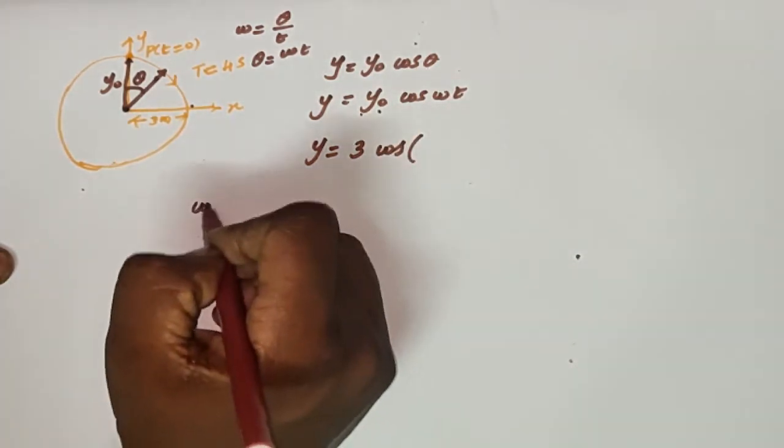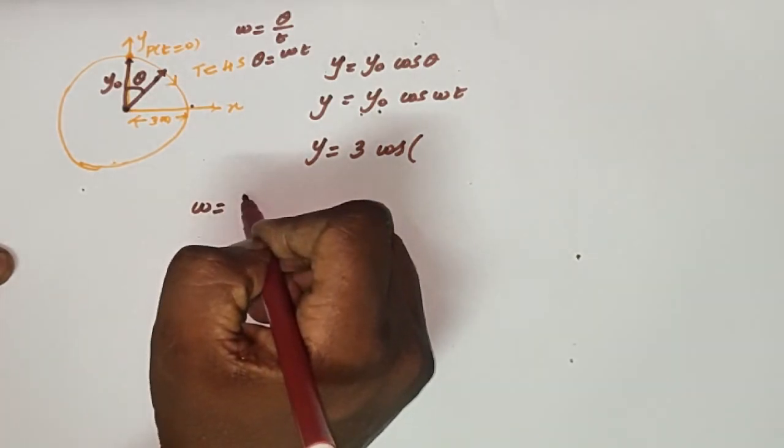omega. The angular velocity is equal to angular displacement by time taken.